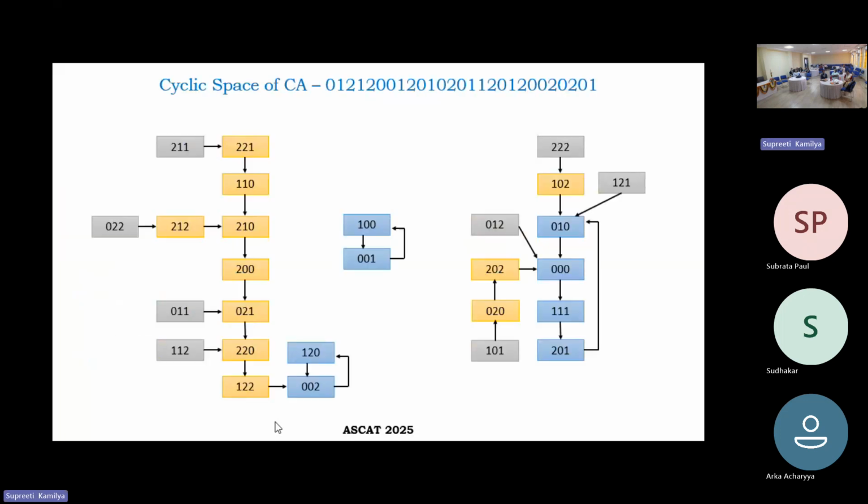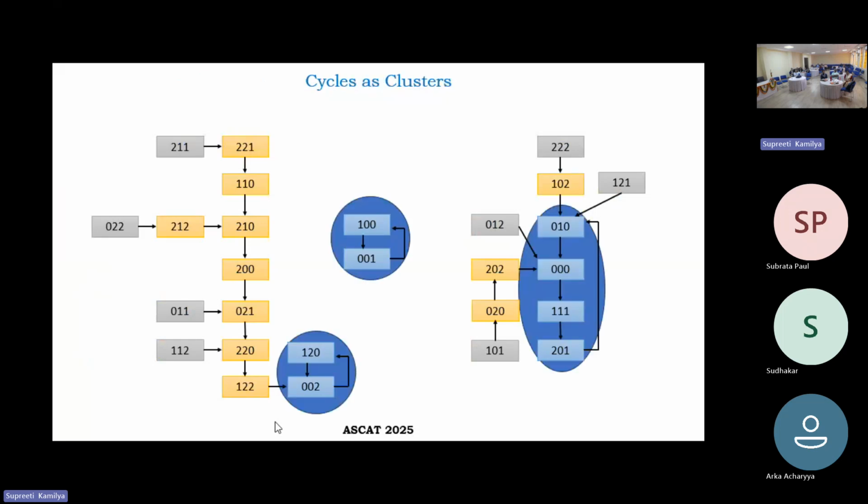This is the cyclic space. Here you can see the representation of an irreversible strictly multi-length cycle, and we are finding 3 cycles over here. Previously, according to our concept, we were looking only at the cycles for the clustering. If we go in this way, we miss some of the configurations, yes or no?